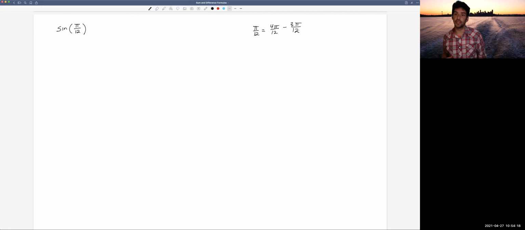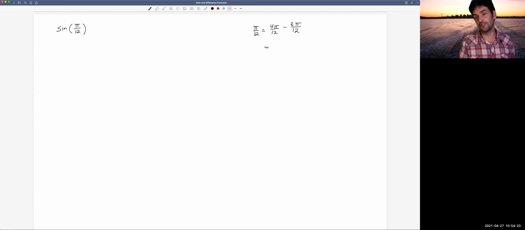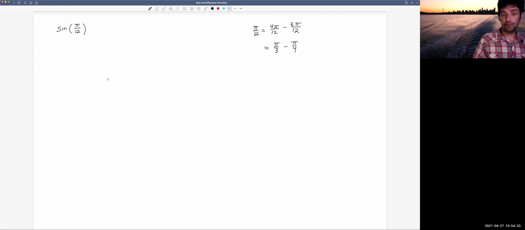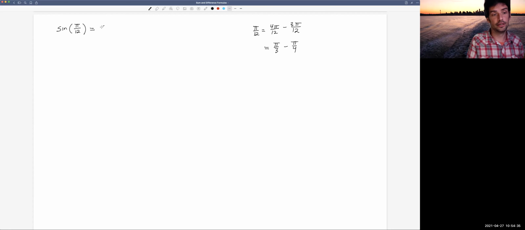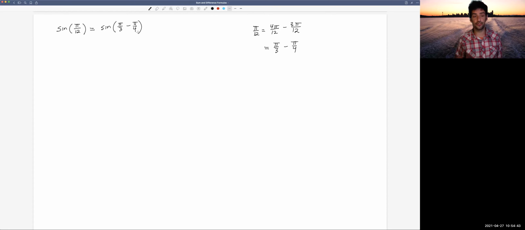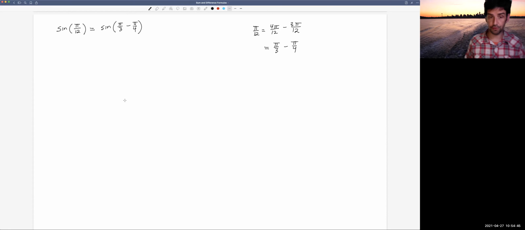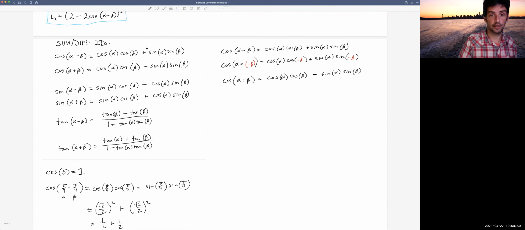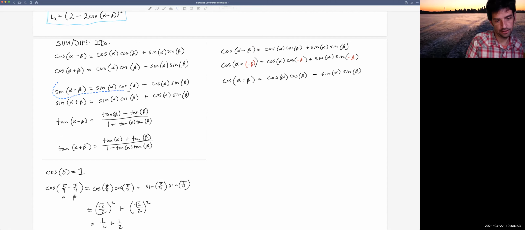If you take 4 of something and minus 3 of something, you get 1 of something left. You might rightfully ask yourself, why in the world would I write it this way? Well, if we reduce these fractions, this is pi over 3 minus pi over 4. And those are more familiar angles for us. So there's our sine of pi over 3 minus pi over 4. Now we have a difference. Let's go grab our difference formula.